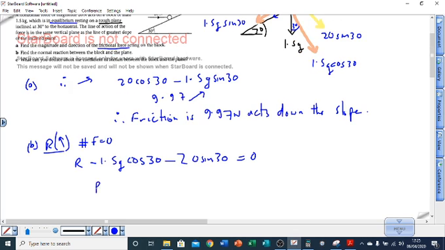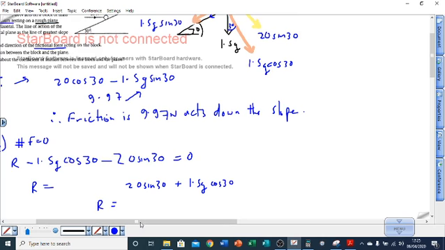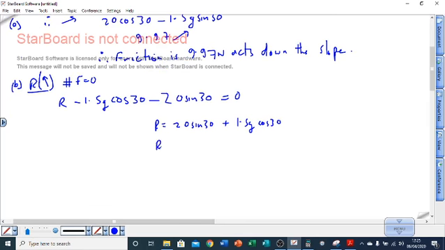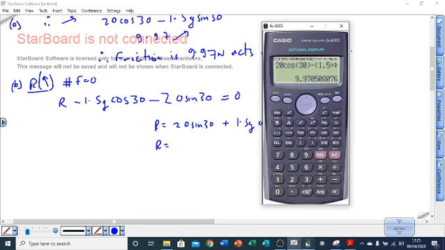So quite clearly there's nothing unknown here. R is simply equal to 20 sin 30 plus 1.5 g cos 30. Type that into the calculator.